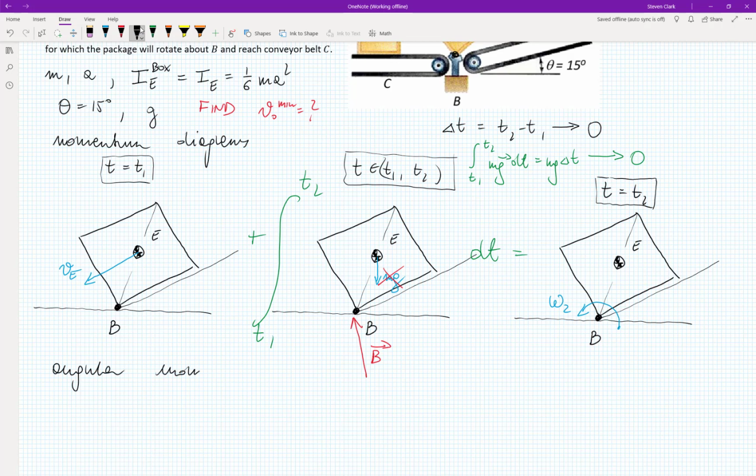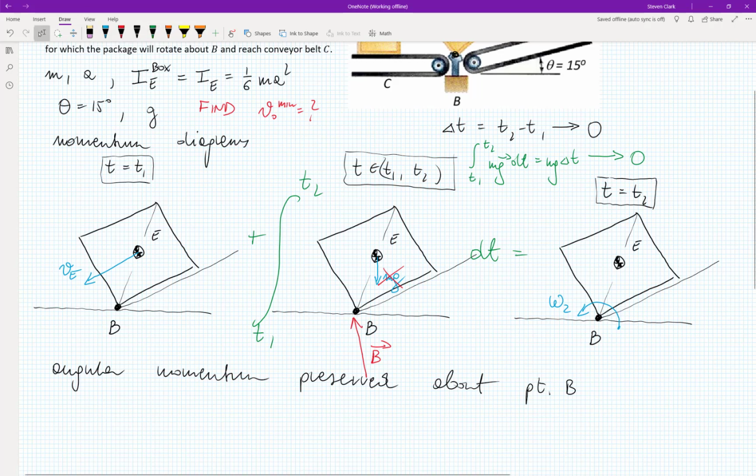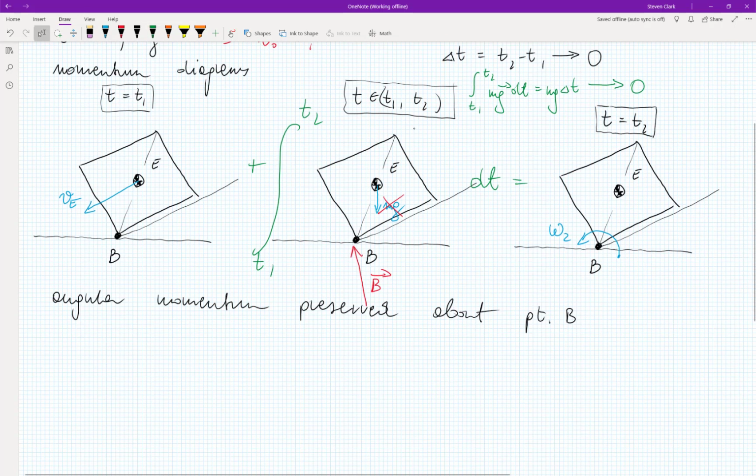Angular momentum preserved about point B. So I think that again we can write down HB before is equal to HB after. Like before the impact, after the impact.